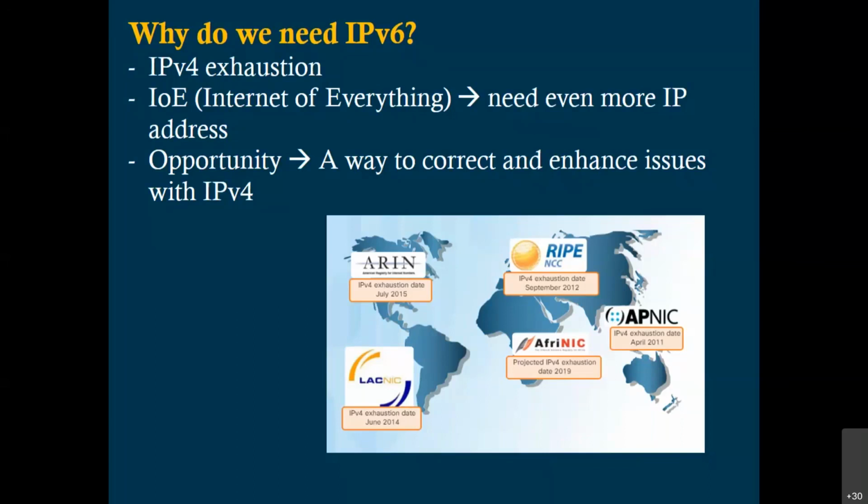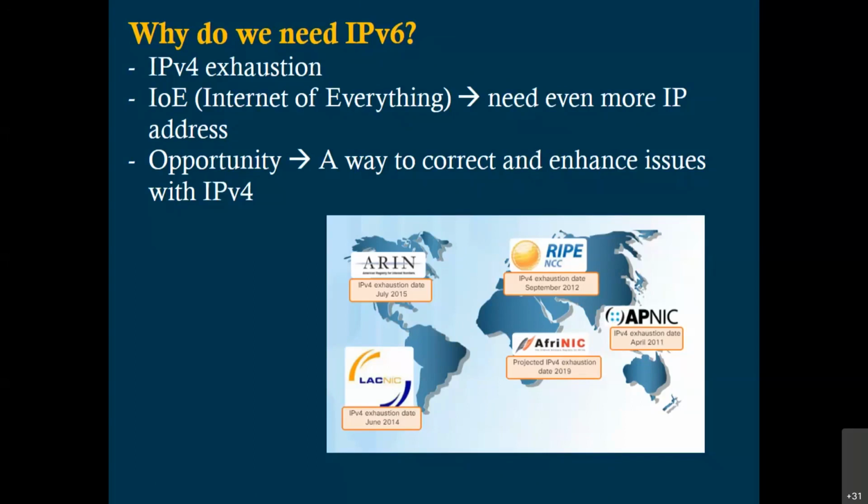Another reason why we need IPv6 is because of the opportunity that IPv6 gives. For example, in IPv4, there are certain elements that are not so very good, right? So this is the time when we restructure everything and come up with a more correct and enhanced version of IP addressing.